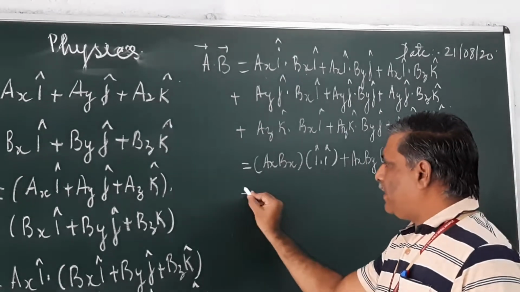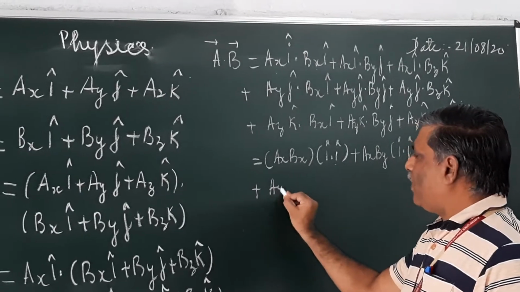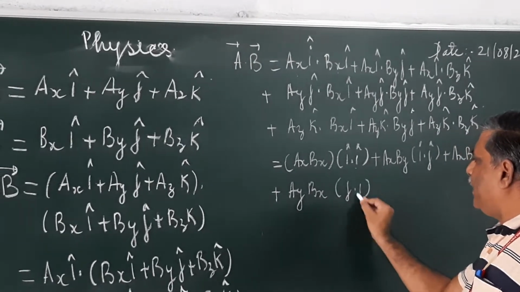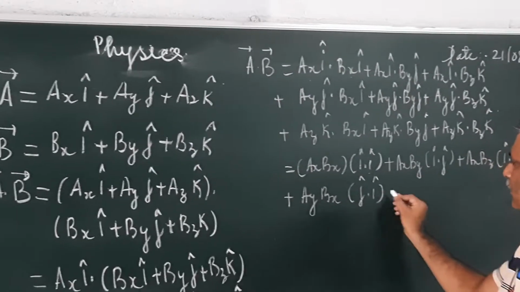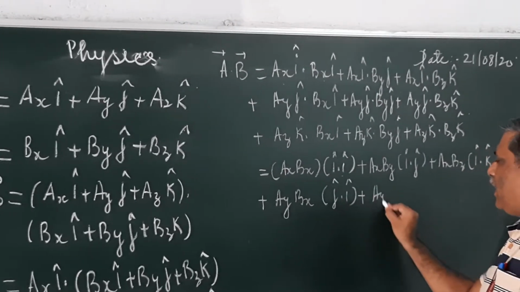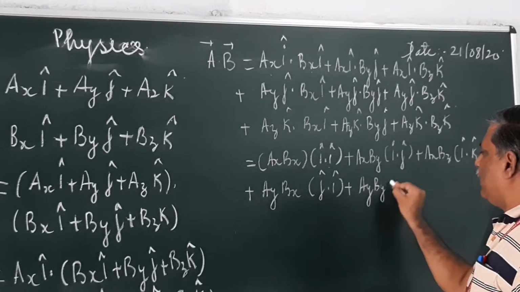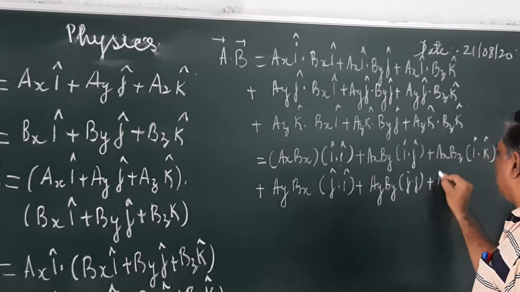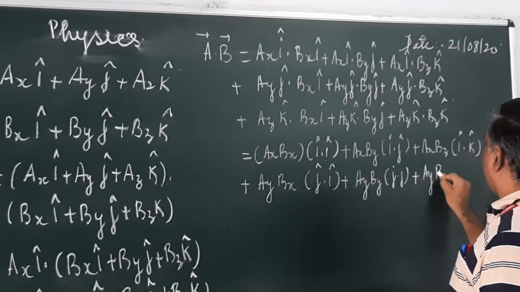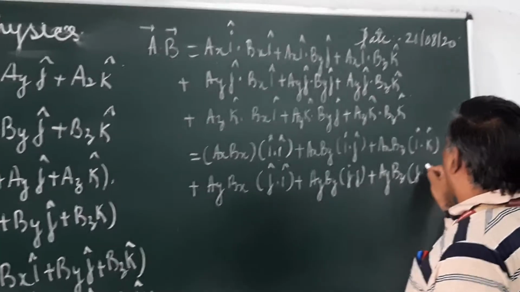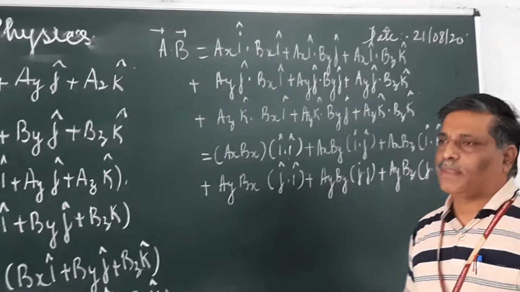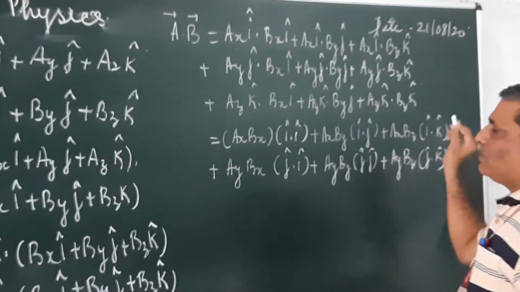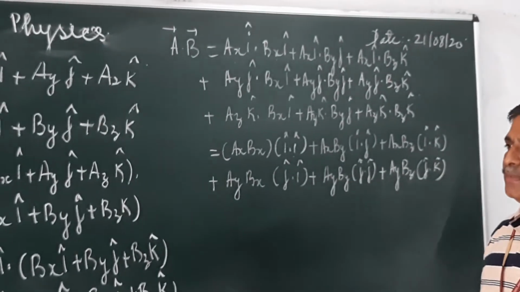Next, we write it as AY BX, it becomes J dot I. Similarly, AY BY J dot J plus AY BZ J dot K. Arrows must be there on each because these are unit vectors.